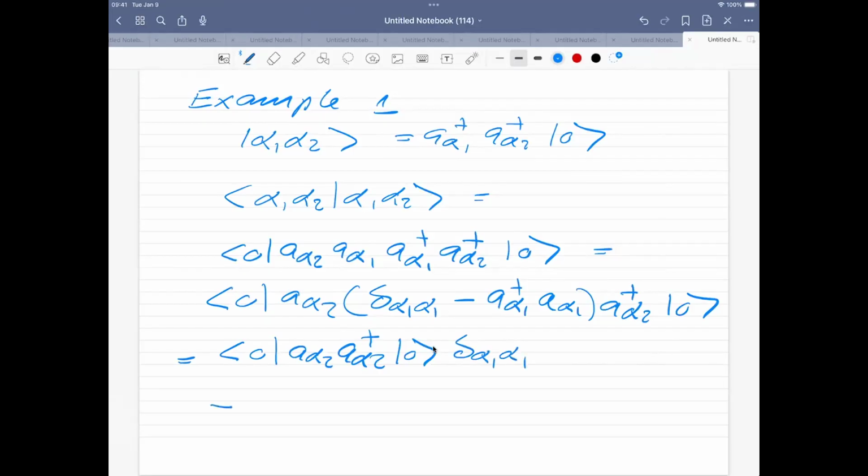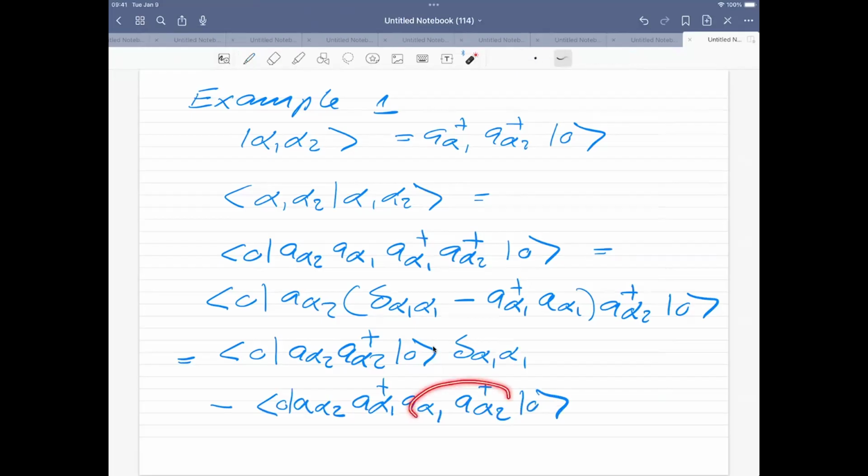And then I have a minus, and then I have my 0, A alpha 2, A alpha 1 dagger, A alpha 1, and then A alpha 2, like that. And if we look at the second term, this is something which we now can rewrite by looking at the commutator between these two operators.